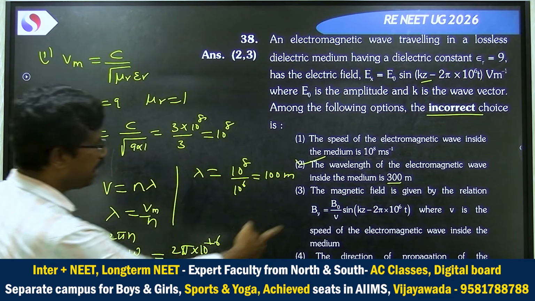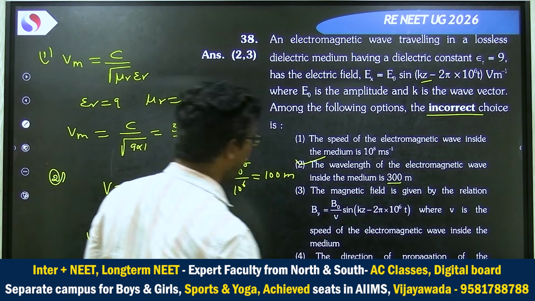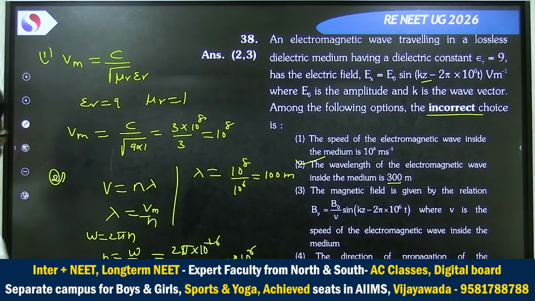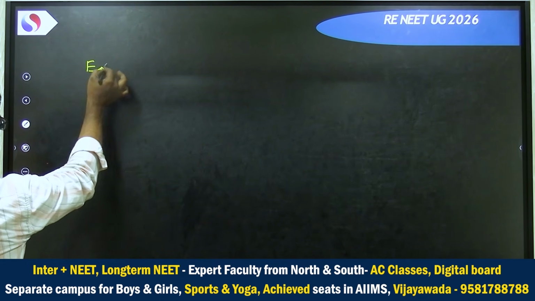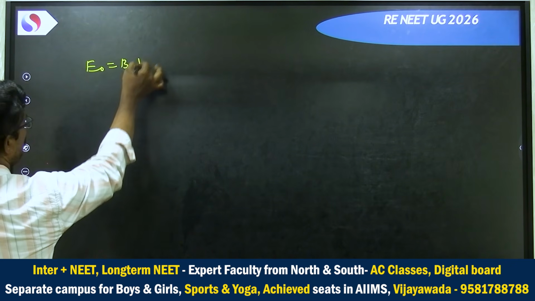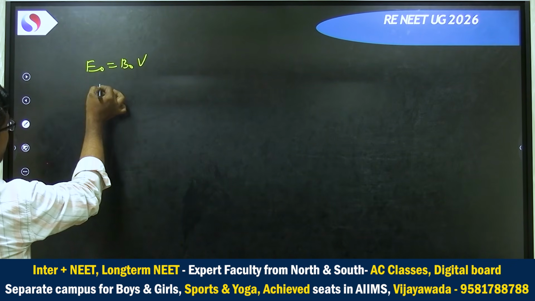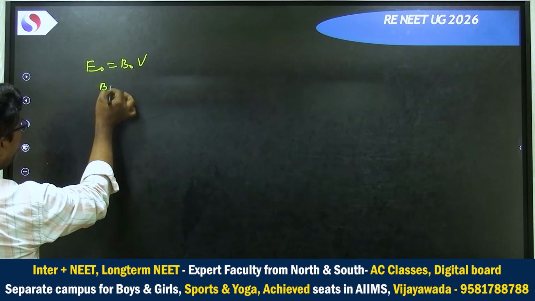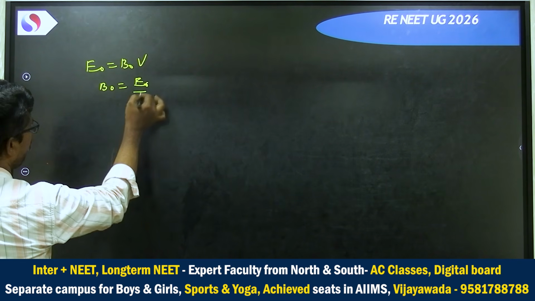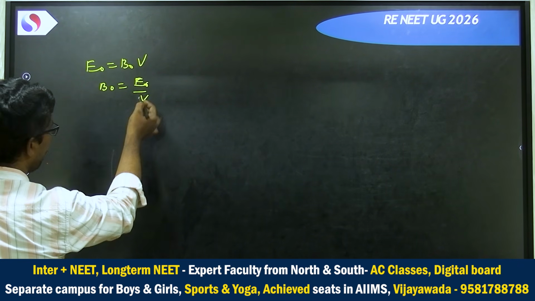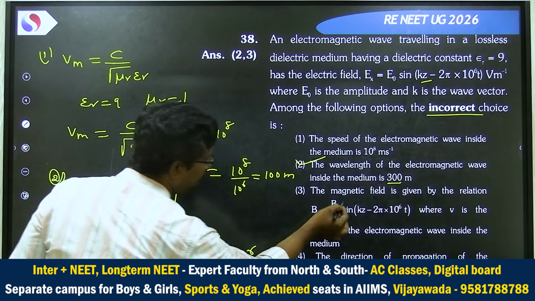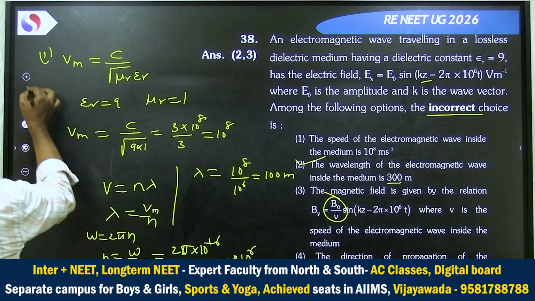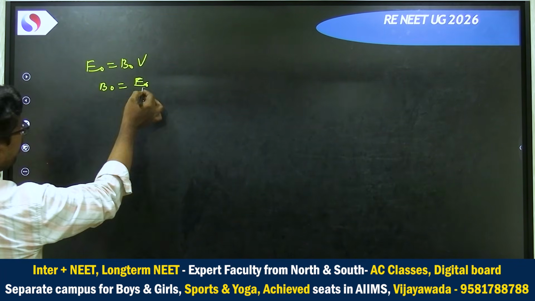Third one: the magnetic field in this region is given by a relation B is equal to something. What is the relation between electric field and magnetic field? The electric field E naught is equal to B naught into velocity V, so the magnetic field B naught is equal to E naught by V. The given answer is B naught by V, which we found to be E naught by V instead.